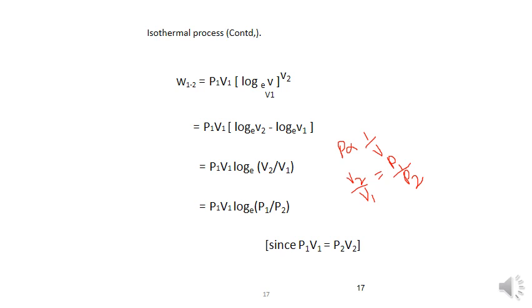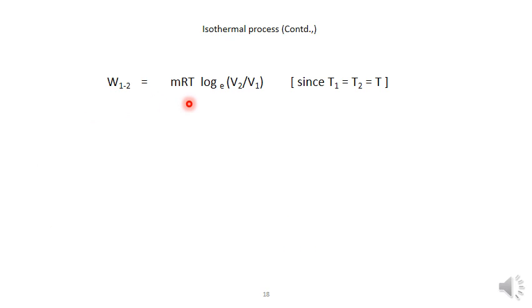We all know that PV is equal to mR(T2 minus T1). Writing this in terms of PV, it becomes mRT log V2 by V1, or mRT log P1 by P2, where the temperatures T1 and T2 are equal. Here V2 by V1 is also called the expansion ratio and is denoted by r.